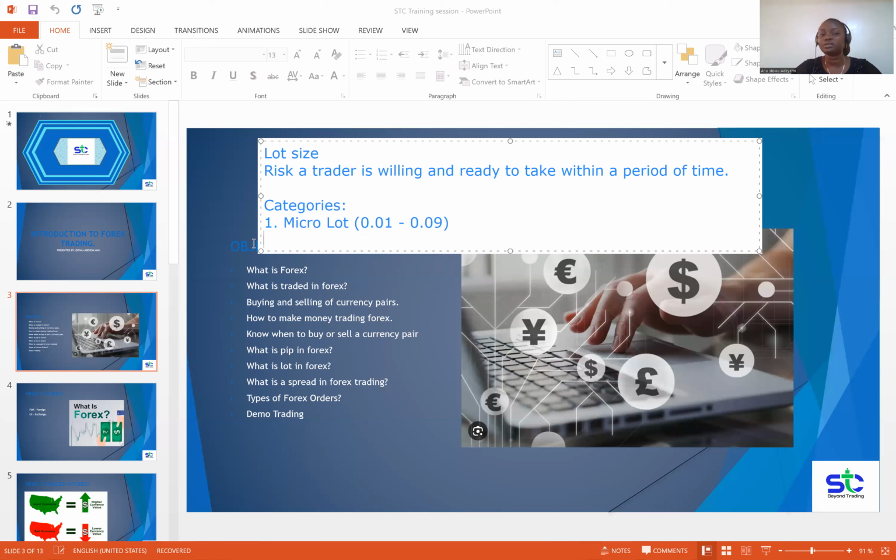Remember I said, what is lot size? It's basically the risk a trader is willing and ready to take within a period of time. Now, if as a trader I decide to place a trade and I want to use 0.01, what does this mean?